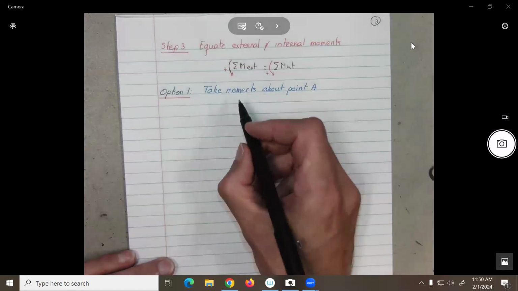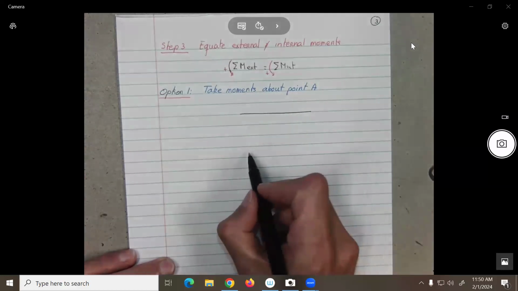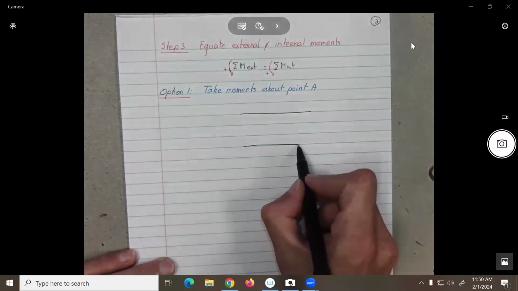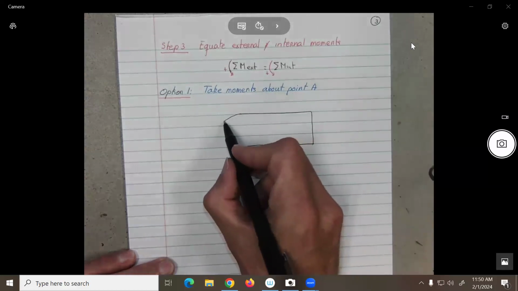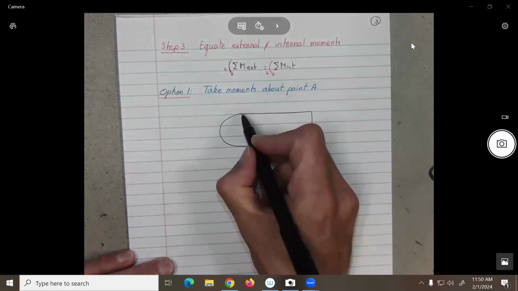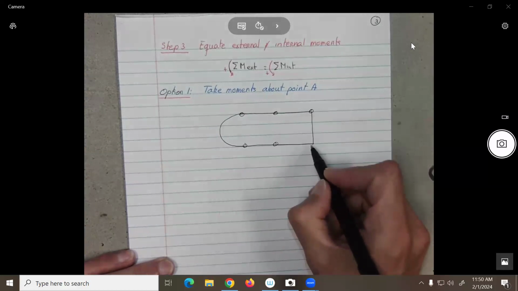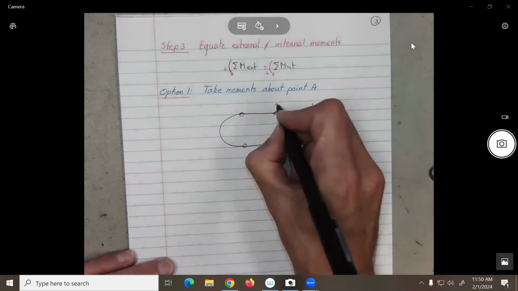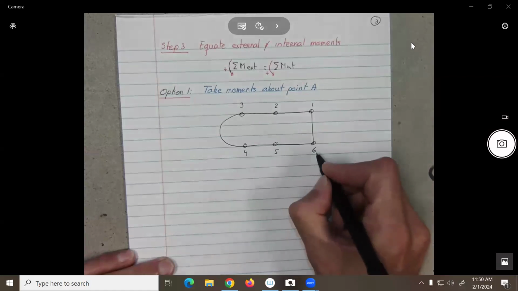So basically, if I redo the figure here, one, two, three, 5, 6.